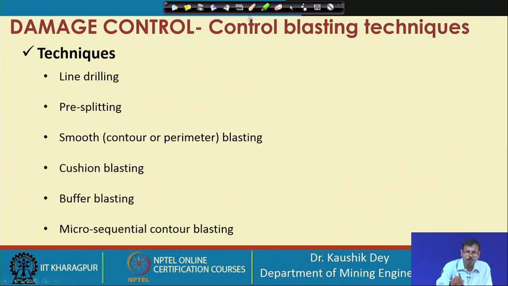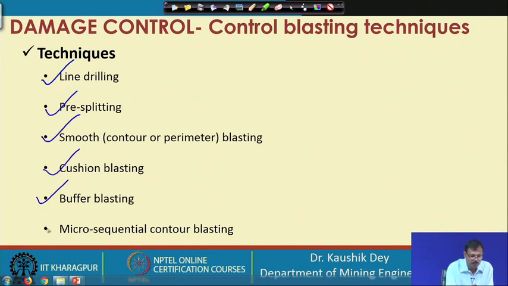So, there are some modified blast designs possible for controlling the damage in the remaining rock mass, and those designing techniques are called control blasting techniques. These control blasting techniques are classified in a number of ways: line drilling, pre-splitting, smooth blasting, cushion blasting, buffer blasting, micro-sequential contour blasting.